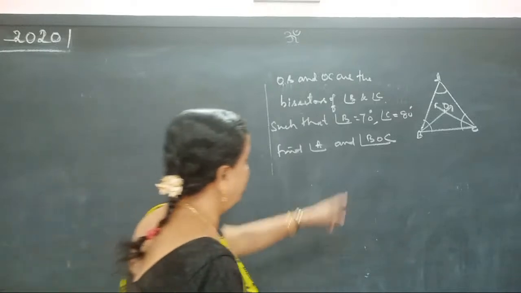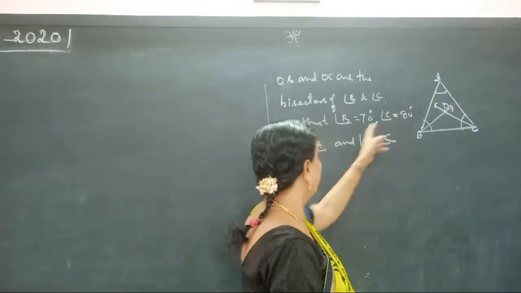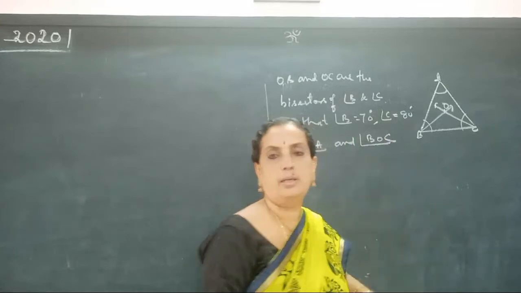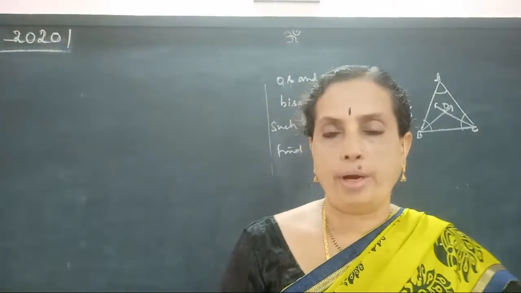So here they have given the measure of B and measure of C. Can you find out the measure of angle A by using theorem 6.7?